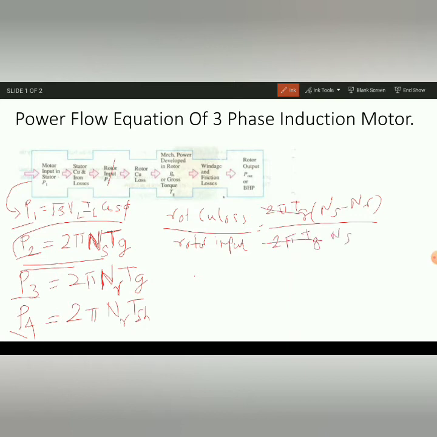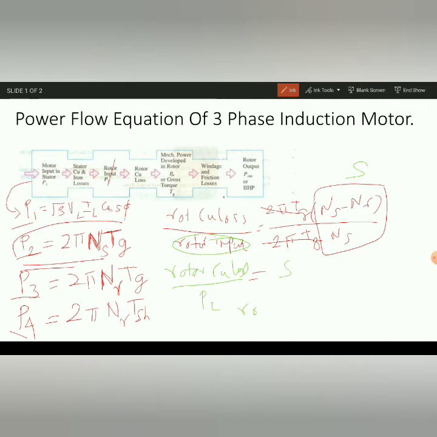So this cancels, and the ratio becomes ns minus nr by ns. This is exactly equal to the slip. So we can write rotor copper loss divided by rotor input, which is simply P2, equal to s.